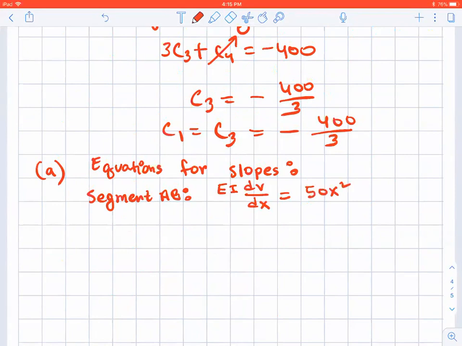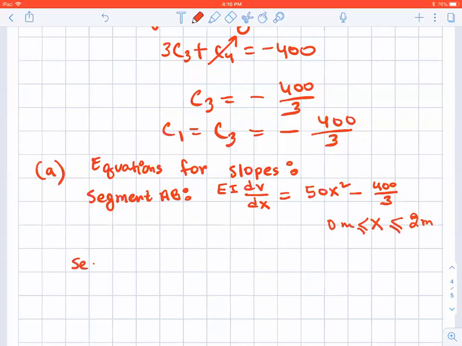Now C1 is minus 400 over 3. And this equation is only valid when x is greater than or equal to 0 meters, but less than or equal to 2 meters. Okay, so that's my segment AB.